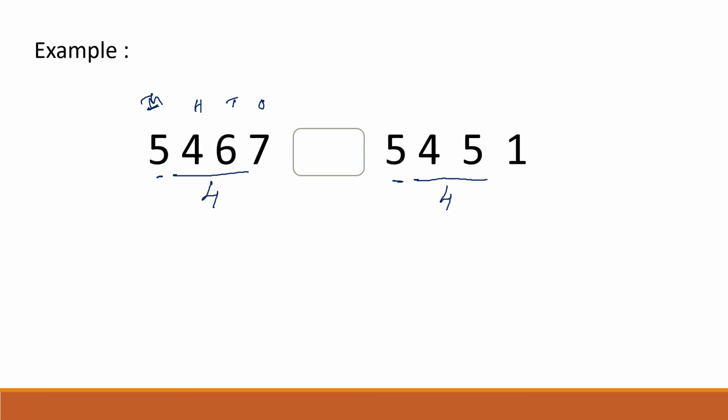Higher order means the thousands place. See children, here in the thousands place both the sides the number is the same. On the left side it is 5 and on the right side we also have the same. If the higher order is also the same, then we have to go to the next higher order. In the next higher order, the left hand side has 4 and the right hand side also has 4.